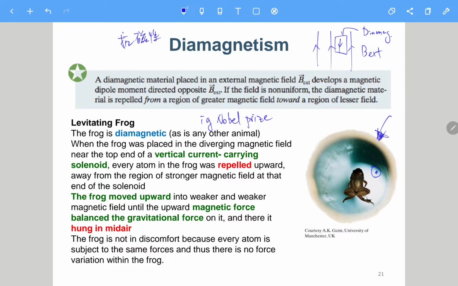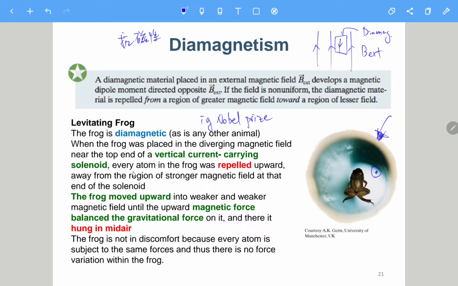The frog is a diamagnetic material, so it will generate some dipole moment pointing in the opposite direction. Suppose this is strong enough, then it feels like the frog is repelled by the solenoid, by the external magnetic field.